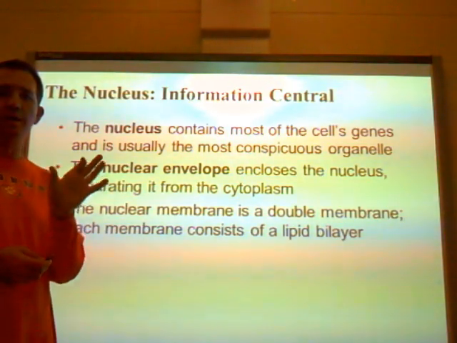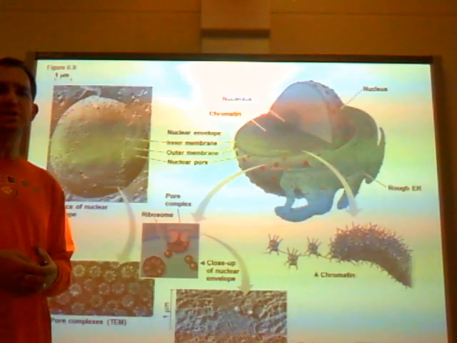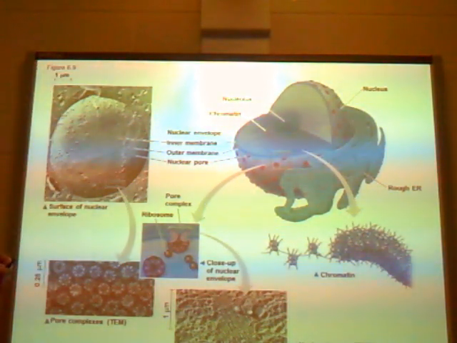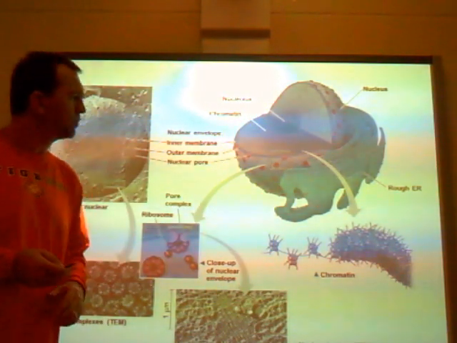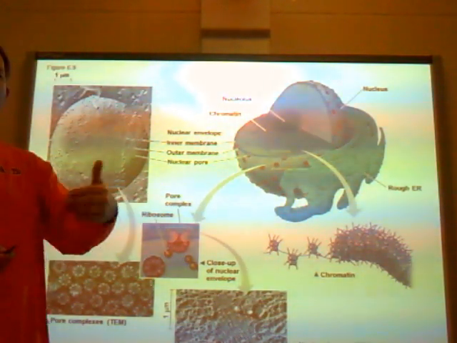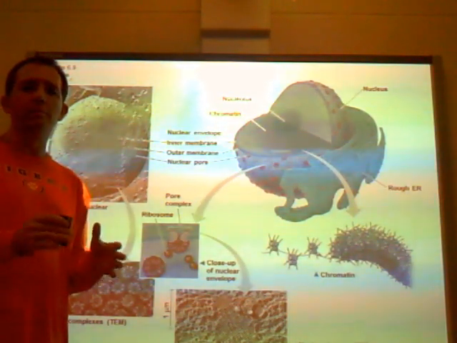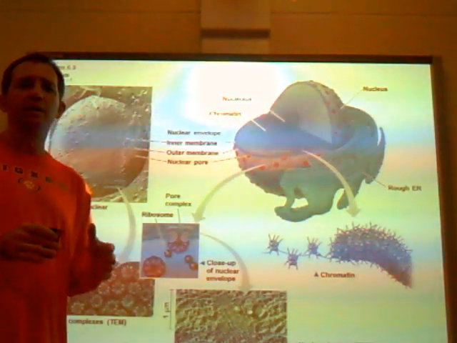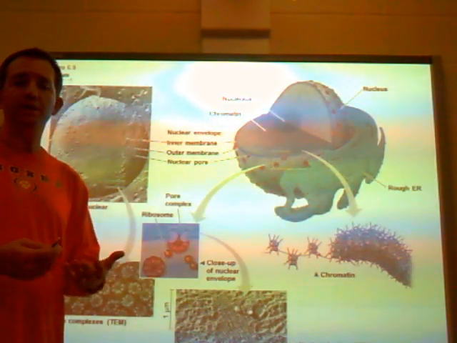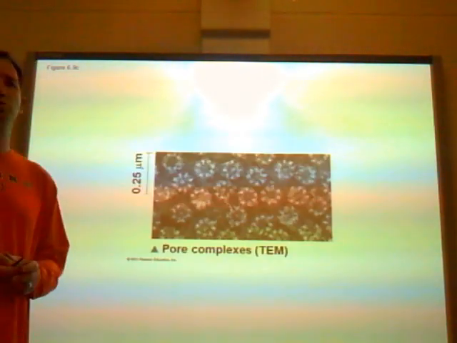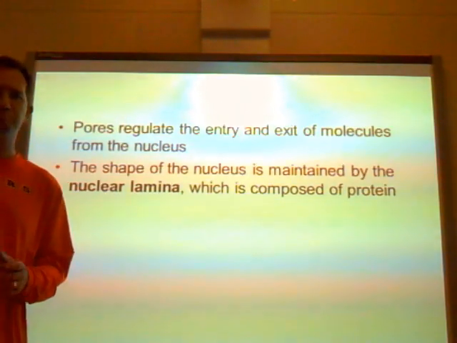So you've got the lipid bilayer that is very similar to the same type of thing on the exterior of the cell. Nuclear pores are what are going to allow the ribosomes as well as the messenger RNA, when the messenger RNA has been produced inside of the nucleus, to move out so that protein synthesis can actually begin.